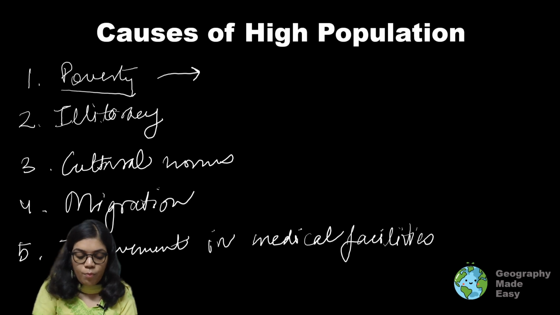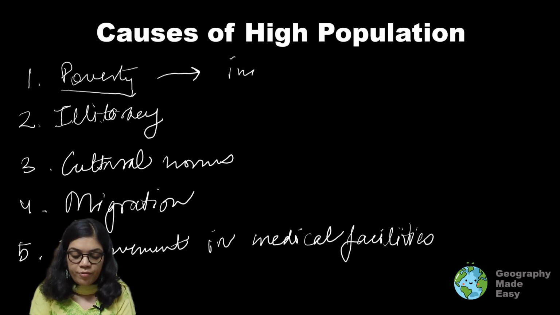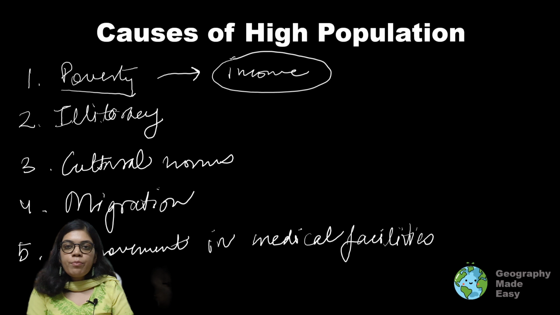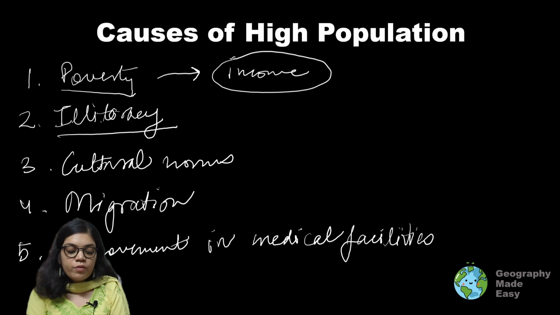The first one is poverty. When people are poor, they feel that more children are sources of income, who can actually work more. The more children there are, the more employment they will get. So this leads to a propensity to have more children.